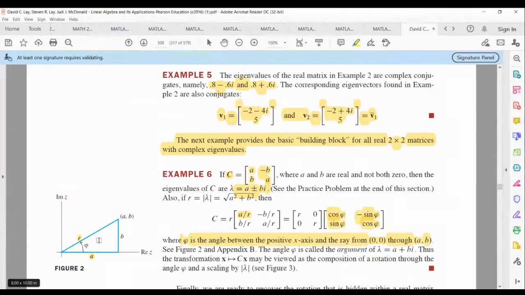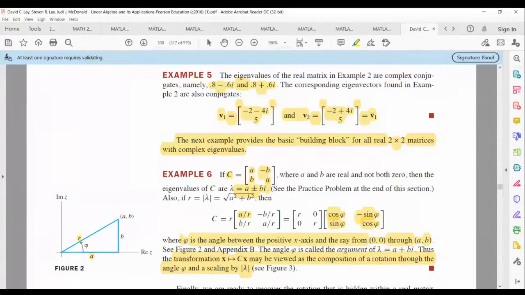Let's see here. I'm just checking one thing, class. How many think that's pretty cool? Pretty cool, that analysis. Effectively what we've done is we've said that the transformation can be viewed as a composition of a rotation through an angle varphi, and a scaling by the modulus of lambda.